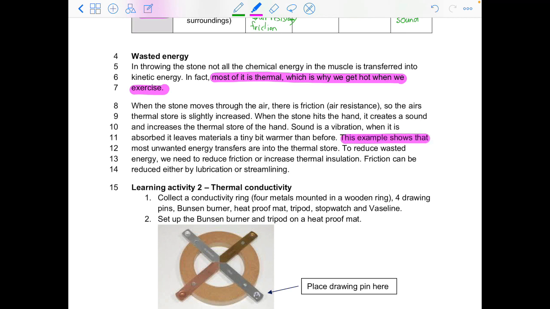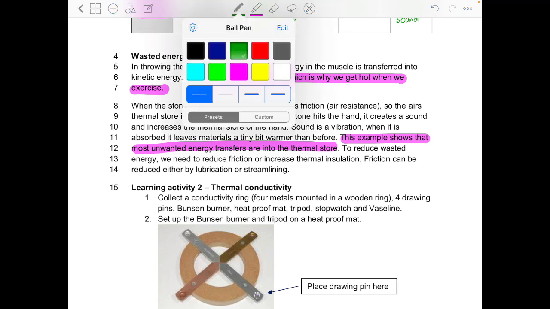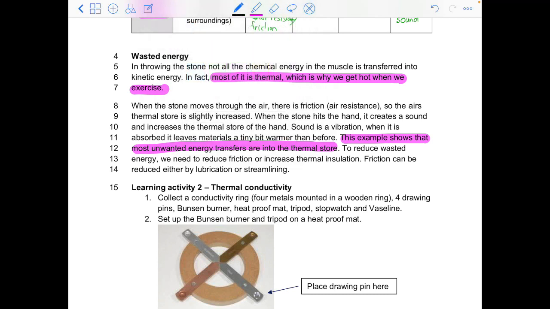So most unwanted energy transfers are into the thermal store. We want to try to reduce this because wasted energy is, remember, what's our definition? Unwanted energy transfers is what we can't use.